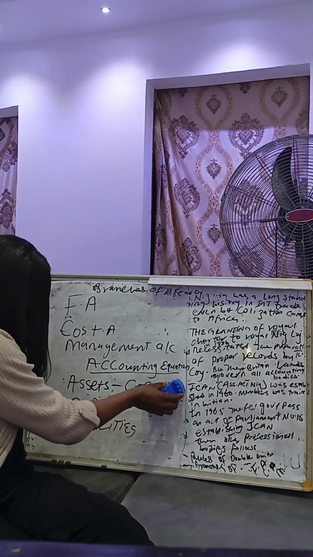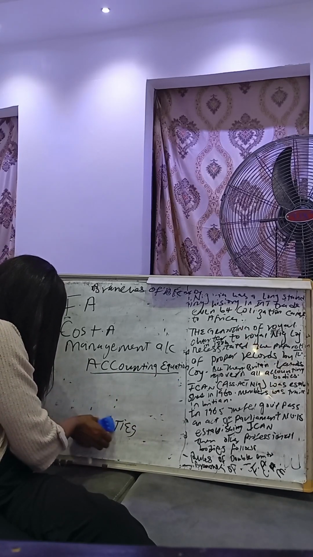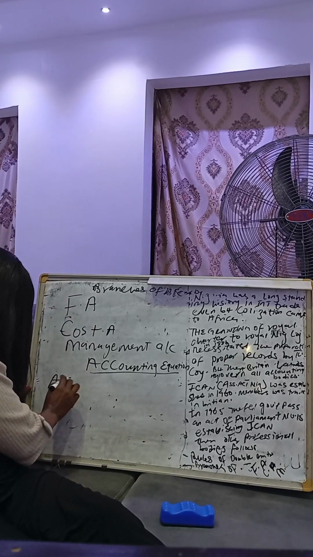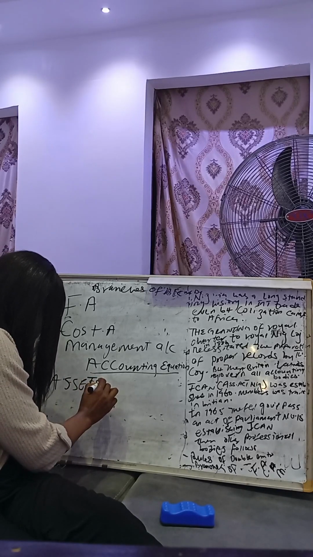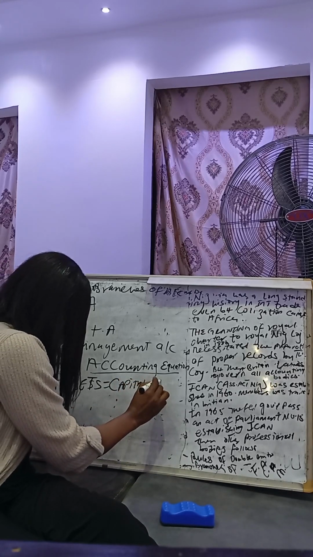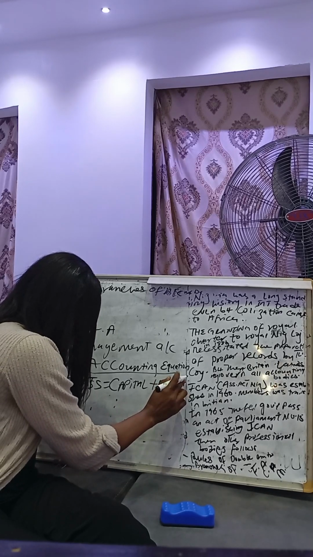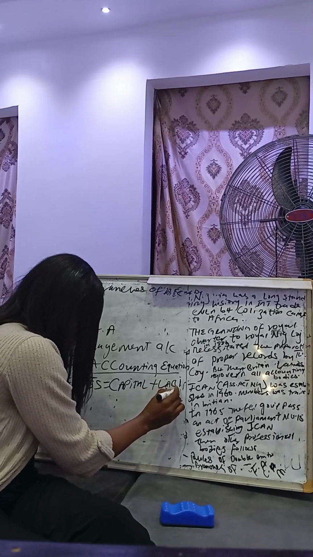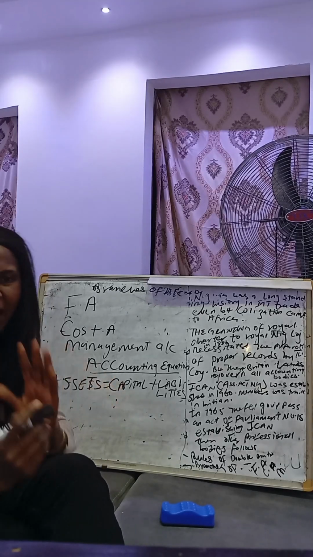Let me write it so that you can see it very well. Do you get it? Asset is capital plus liabilities.